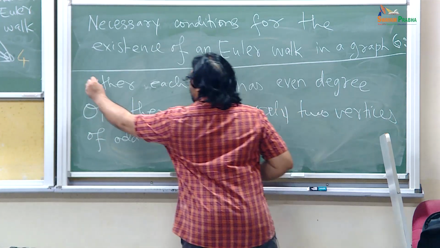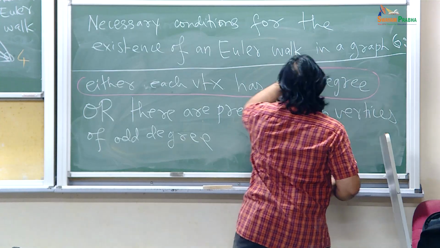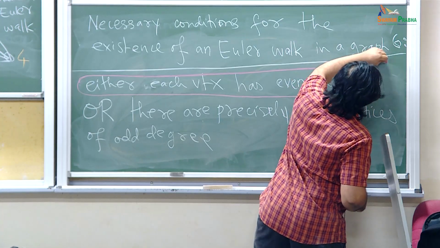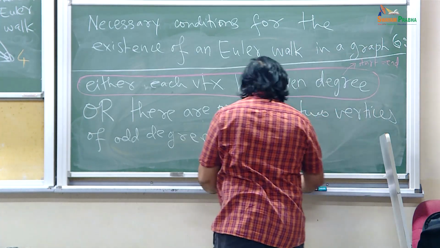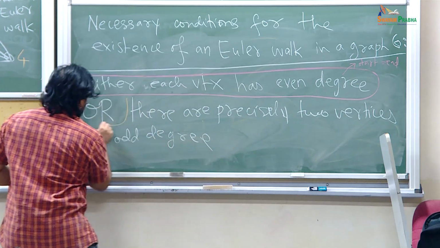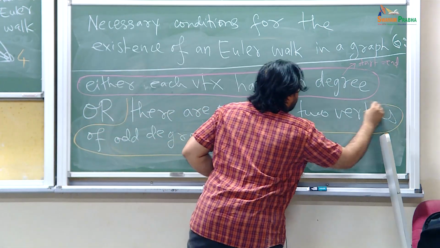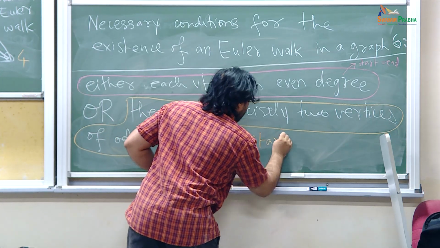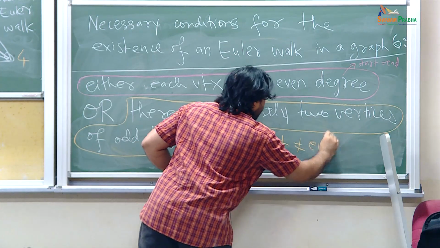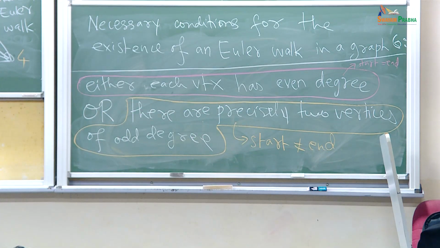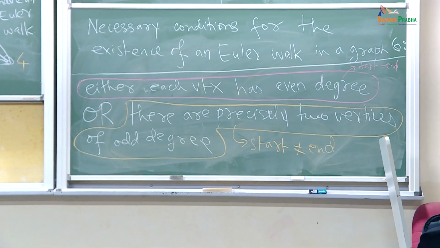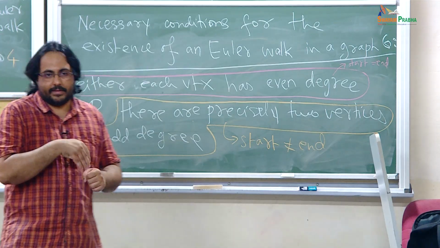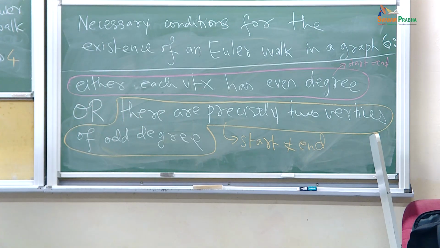So in fact, this case is the start equal to end case, and this second case is the start not equal to end case, right? The original problem of Königsberg did not actually say that you have to come back to the same point, or the same landmass.